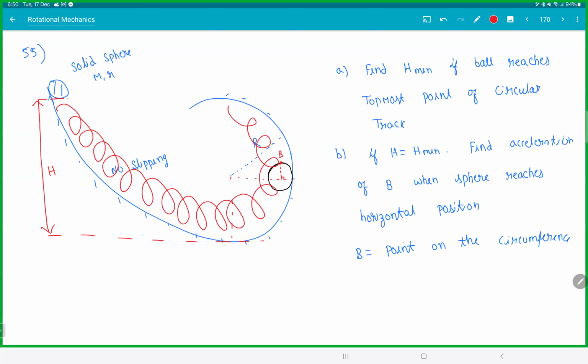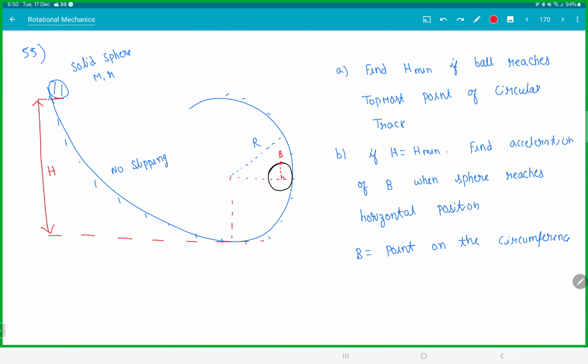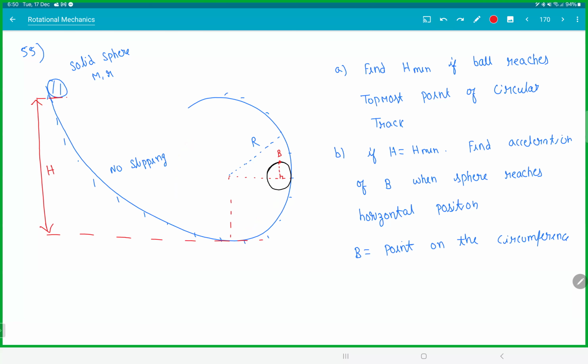A spiral jalebi. Complex to study. But if I ask you what is the path of the center, that would be this curve. The center is going in a circle, and this point B is going in another circle, isn't it? The path of B is actually circle plus circle. It's going in double circular motion.